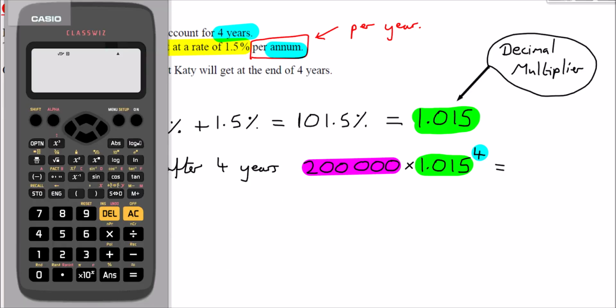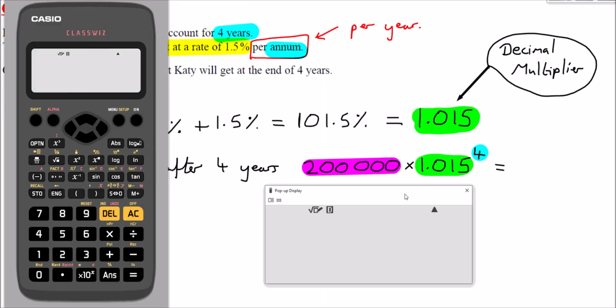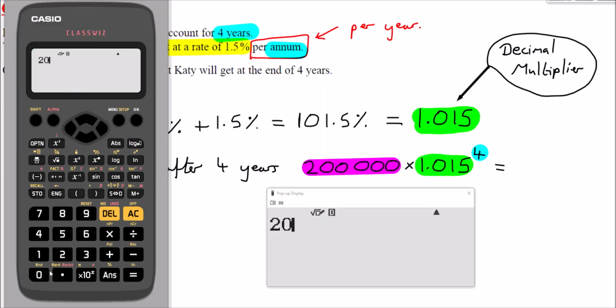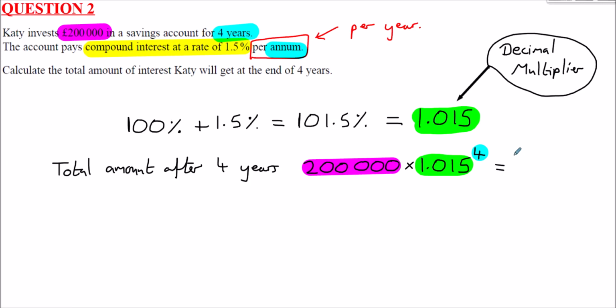So I'll just make the screen bigger if you'd like to see it. There we go. So £200,000 multiplied by 1.015 to the power 4. We get this awfully big number. So 212272. Write it all down carefully. 212272.